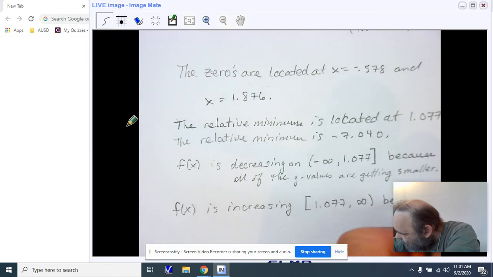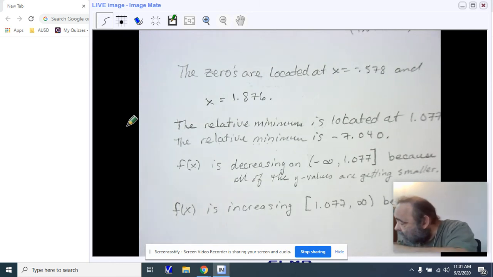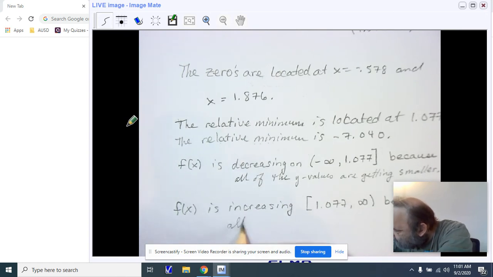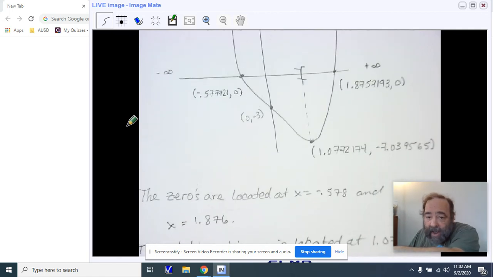This is because, once again, you could use the definition, all of the following y values after 1.077 are growing in value, or you could say that between any 2 points on the interval, there is a positive slope. I'm just going to write because all of the y values are growing. Once again, I'm just describing what I see on the graph.